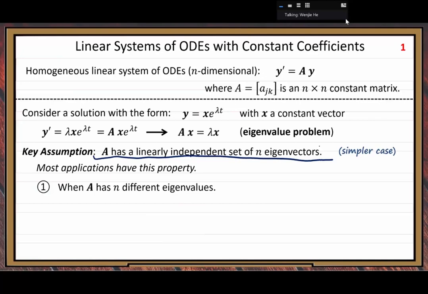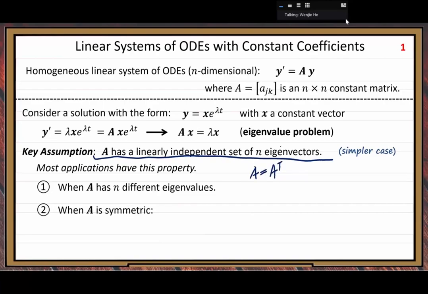Second type, A is a symmetric matrix. So that's another special type of matrix. Symmetric: A equals A transpose.